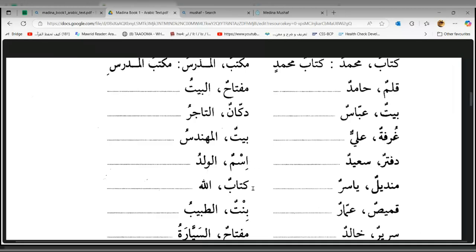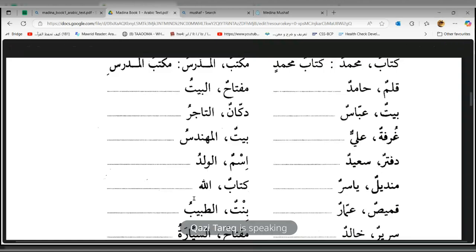Then we have Kitabun and Allah. Kitabullah. Very good. And when you show the haraka on Allah, what would it be? Kasra, Dhamma, Fatha? Kitabullahi. Yes, because it's a mudaf ilayh.